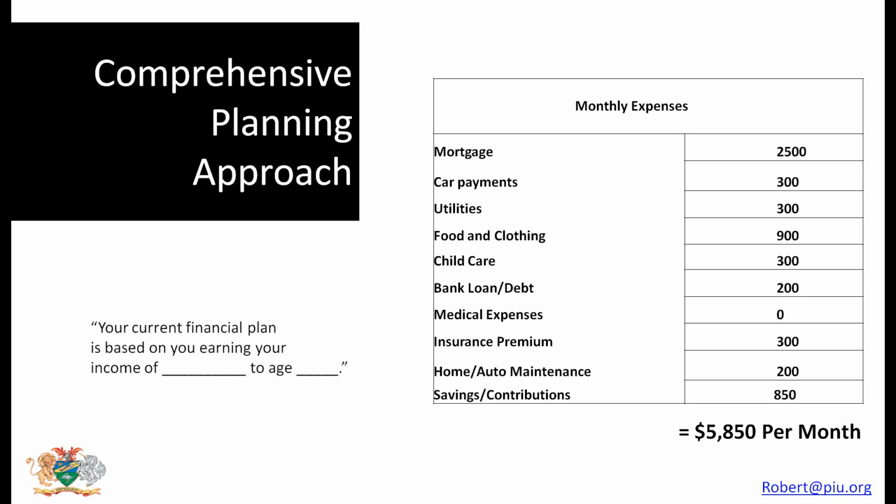And so one of the ways that you back this, especially if you're coming from a financial advising perspective, is by saying, "Mr. Bob, we've created this financial plan for you, but this is based on you earning your income of blank to age 65 or to age 70.